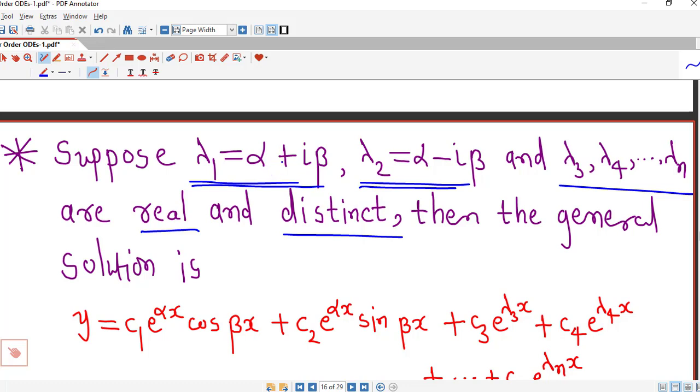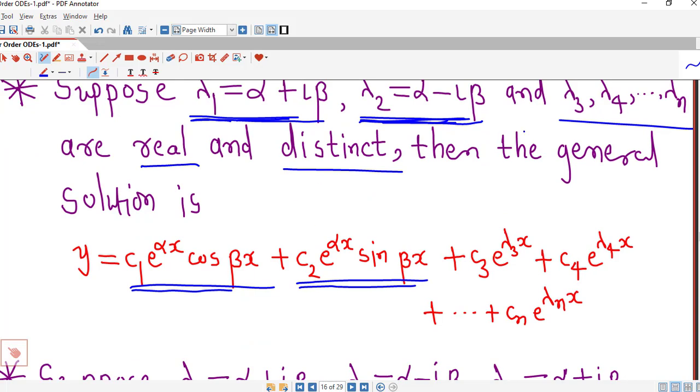So here one root is alpha plus i beta, so we must have its conjugate as second root. So the part of general solution corresponding to complex roots is c1 e raised to alpha x cos beta x plus c2 e raised to alpha x sin beta x. This we have discussed in previous lecture. And remaining roots are real and distinct.